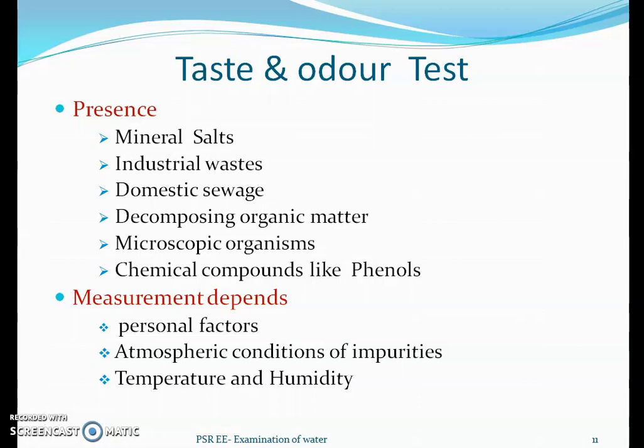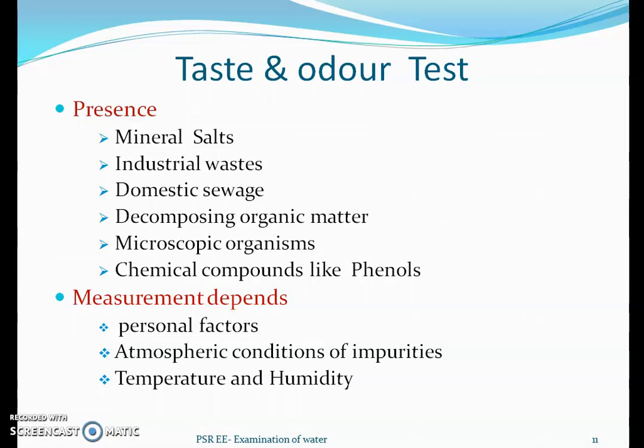Domestic sewage obviously will give odor. Decomposing organic matter contributes both taste and odor. Microscopic organisms and chemical compounds like phenols can be dumped in surface water, lakes, and stagnant water. Due to the presence of all these things, we get taste and odor in the water.